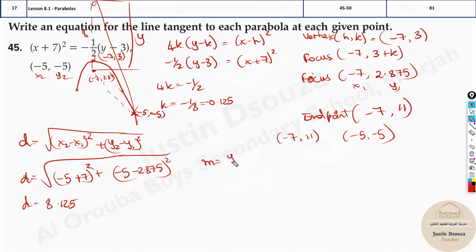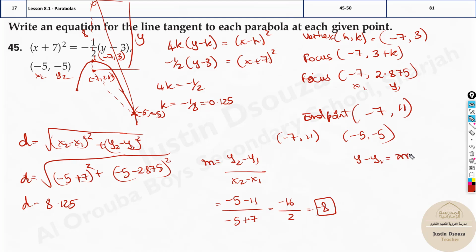So m is equal to (y2 minus y1) by (x2 minus x1). Substitute over here: minus 5 minus 11 divided by minus 5 plus 7. The answer is minus 16 divided by positive 2. It's minus 8. So another formula is y minus y1 equals m times (x minus x1). In this, only the given point is considered. This is x1, y1 now.